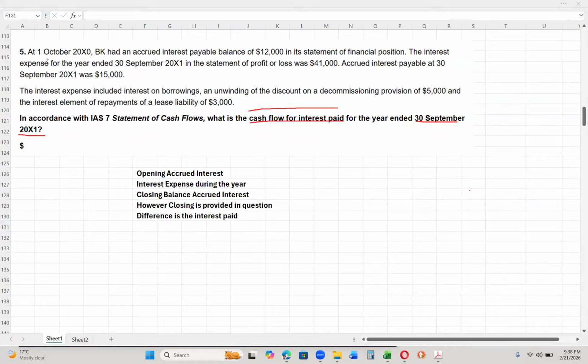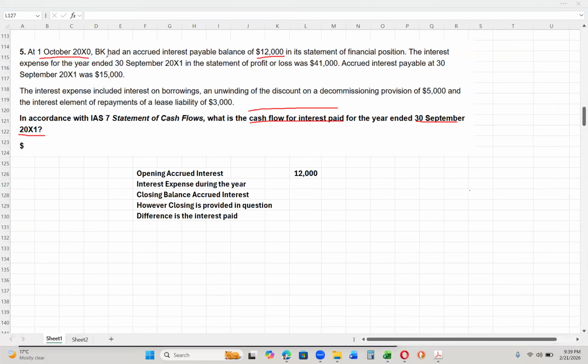At 1st of October 20x0, we are provided with the opening value: the accrued interest payable balance of 12,000. So at the start, we owed them 12,000. What happened during this year?